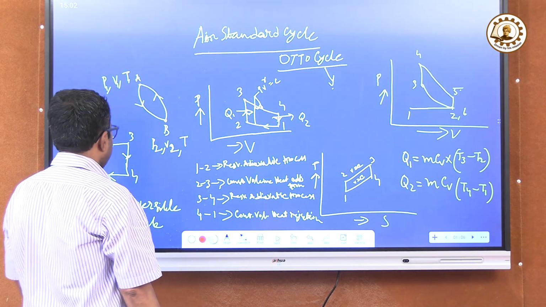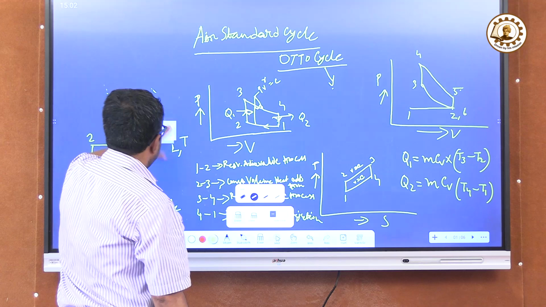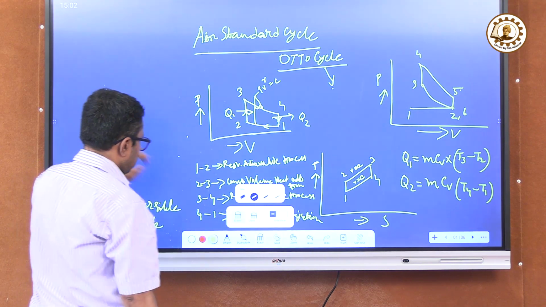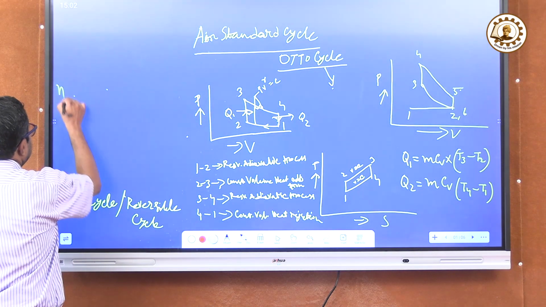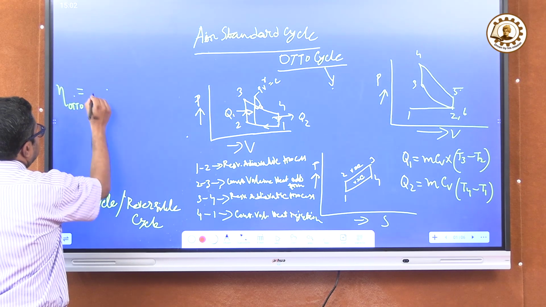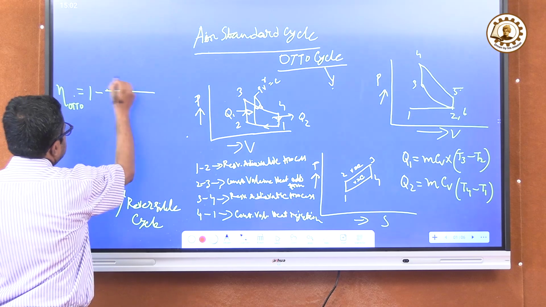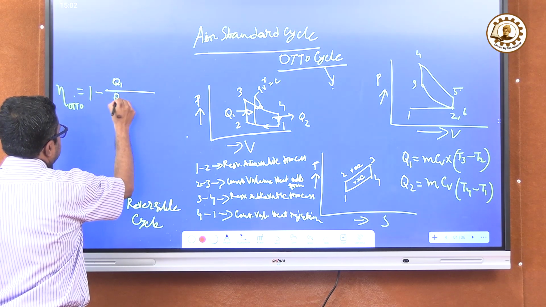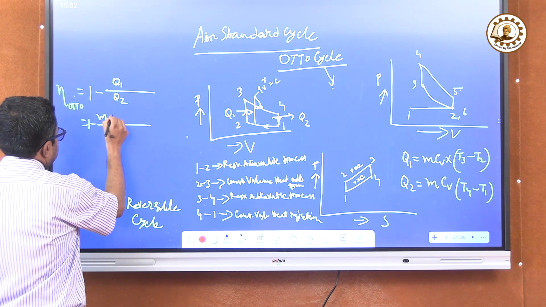The efficiency will be 1 minus heat rejection by heat addition, that is Q2 by Q1.